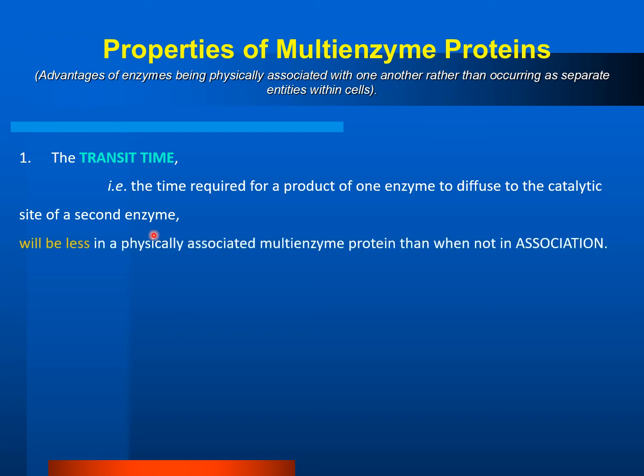And since in multi-enzyme complex systems or multi-enzyme proteins the enzymes are physically associated with each other, that particular time will be less than in systems where there is no association.